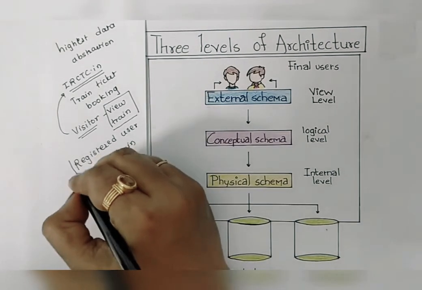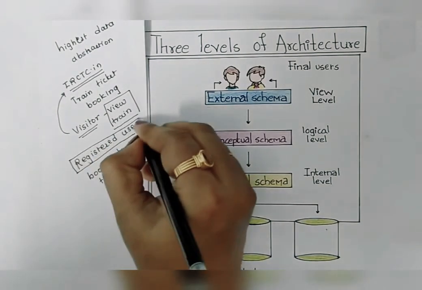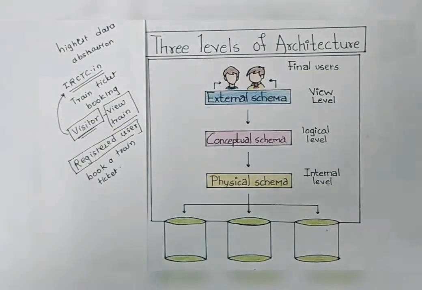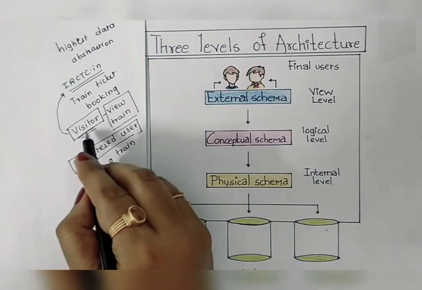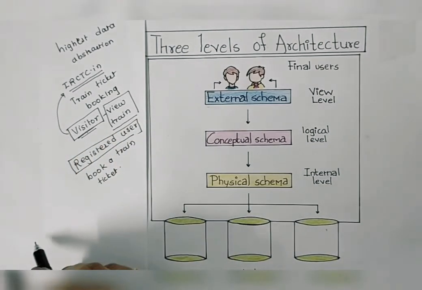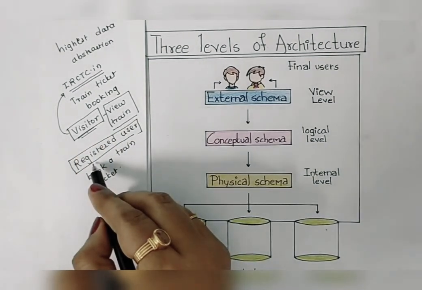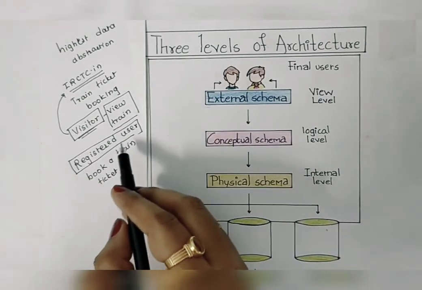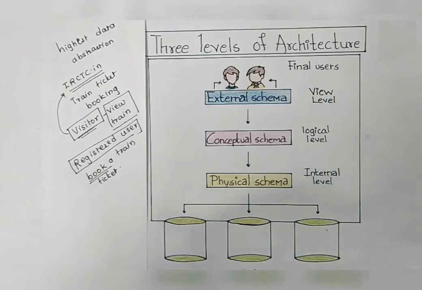So you have 2 users over here, visitor and registered user. Visitor can view the train details. Registered user can also view the train details, but he can also book a train ticket.